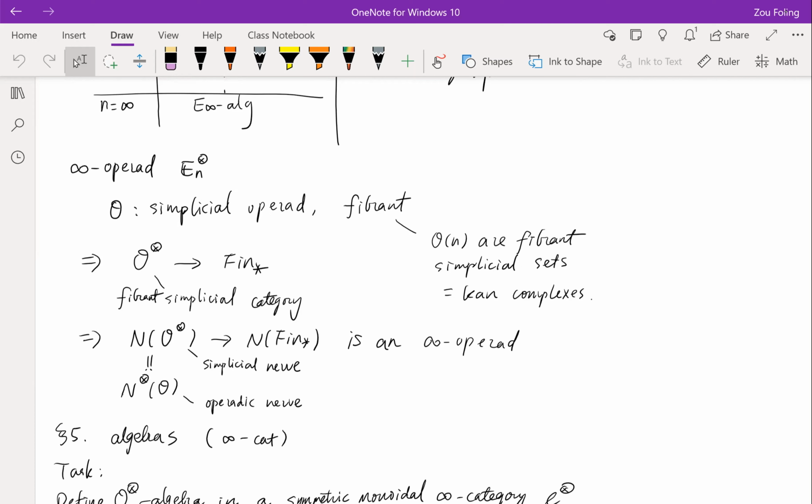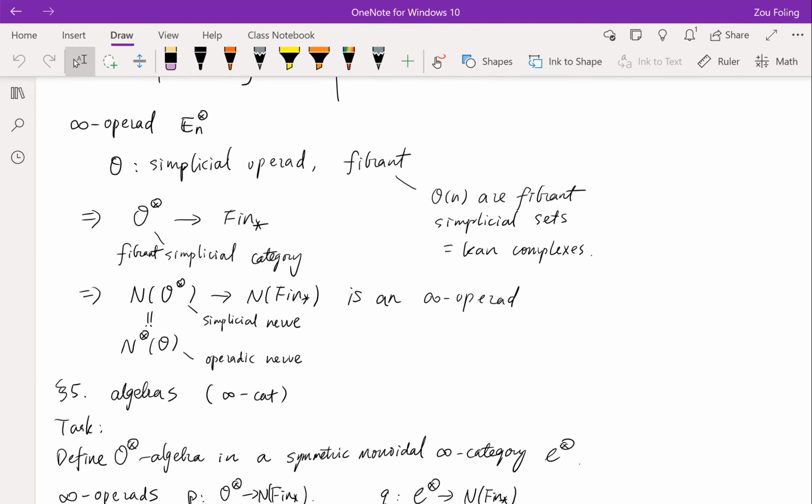So now my O, which was my little disks operad, for example, is a simplicial operad. And it's furthermore fibrant, meaning that all the simplicial sets O(m) are fibrant simplicial sets, or equivalently Kan complexes, because they come from spaces, so they are fibrant.